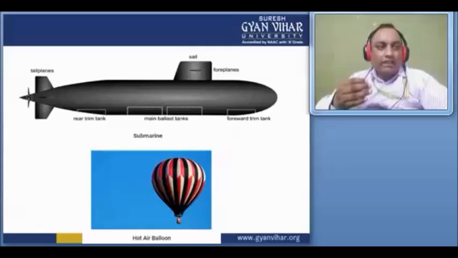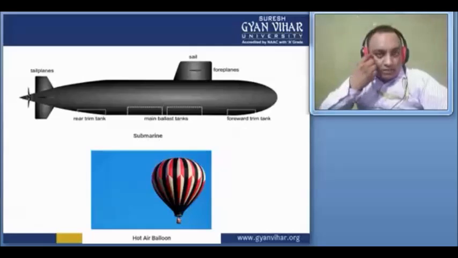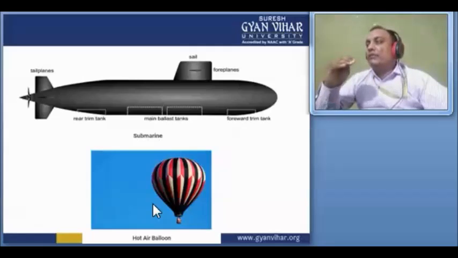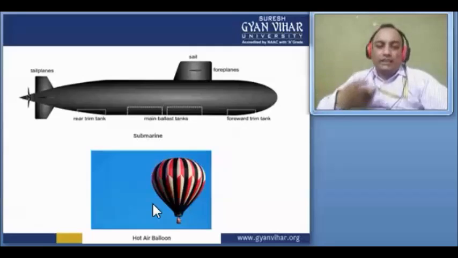It descends when the balloon weight is higher than the buoyant force. It becomes stationary when the weight becomes equal to the buoyant force, right? So the hot air balloon is also a fully submerged body in the air, right?